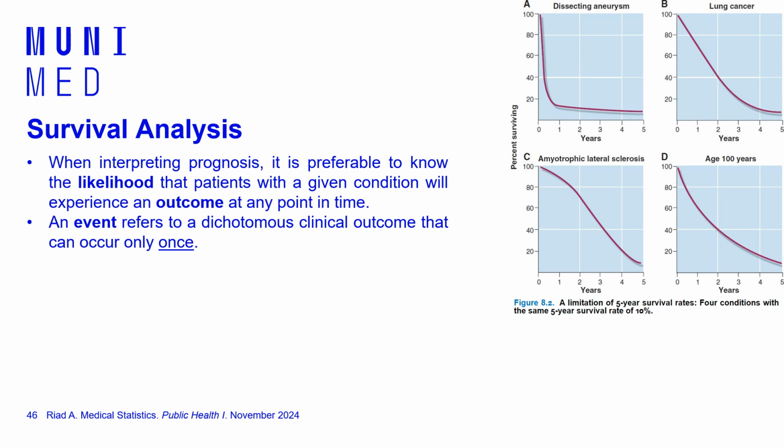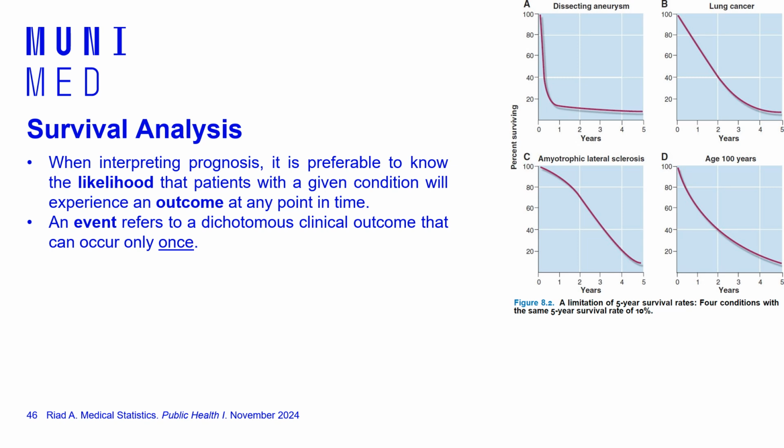Amyotrophic lateral sclerosis is probably the best of all these diseases, because fewer people die in the first year, and then fewer also die in the second, third, and fourth years, but once you reach the fifth year, the survival is almost 10%. So among these three diseases, after 5 years, the number of people who survive is almost the same, 10%.